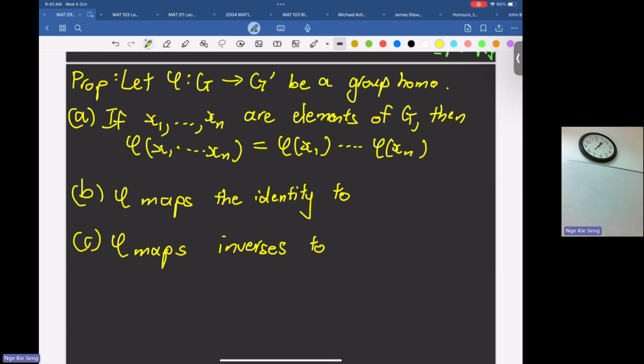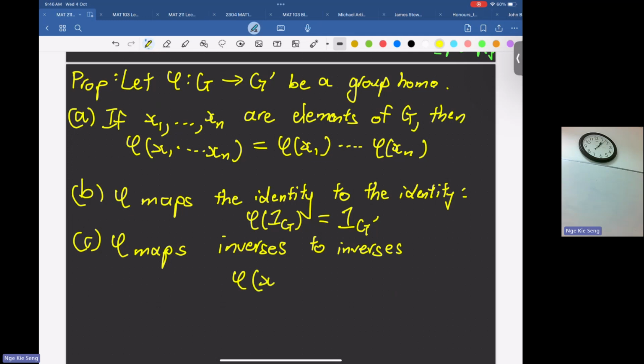Where should the identity go? The identity should go to the identity, but in a different group. So the first identity is in G, the second identity is in G prime. Where does the inverse go? Phi of x inverse should go to phi of x, inverse.